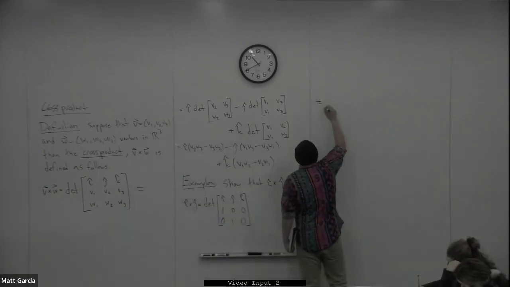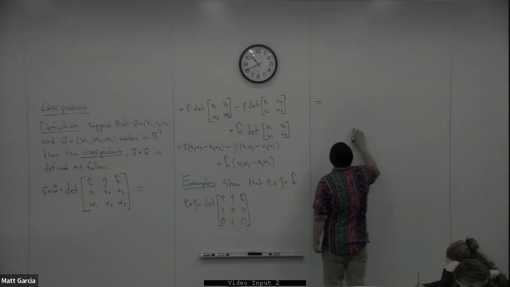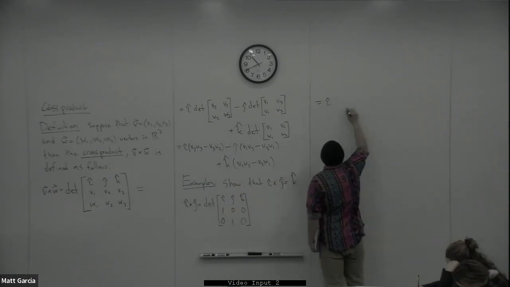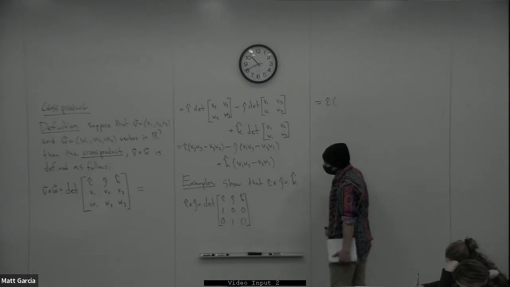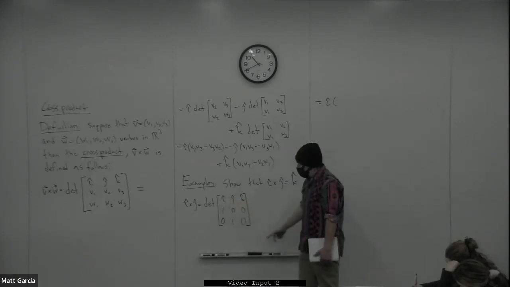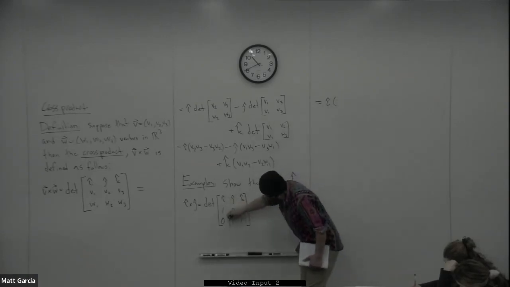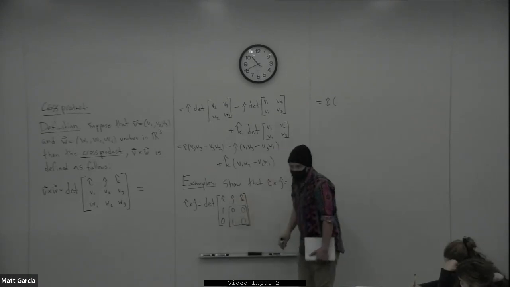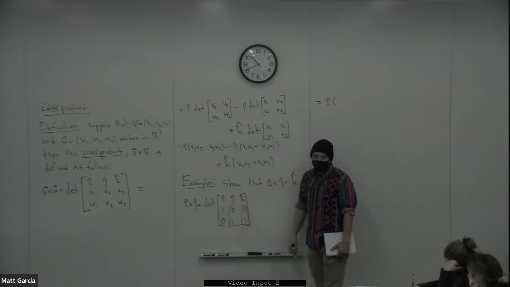So move up to the next board. We apply our formula. We take our first entry, i hat, and we take the determinant of this 2 by 2. What is the determinant of this? 0, right? 0 times 0 minus 0 times 1. Just 0.